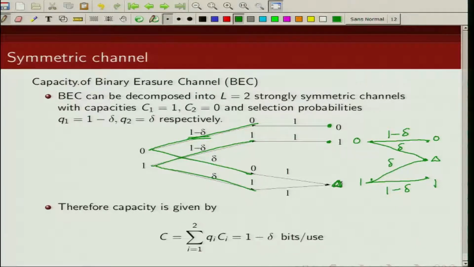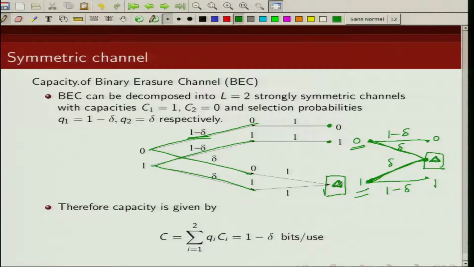Now, look at how you are selecting this channel which consists of the output symbol delta. From input 1, this probability is delta. From input 0, this probability is again delta. So, this particular channel is selected with the same probability.